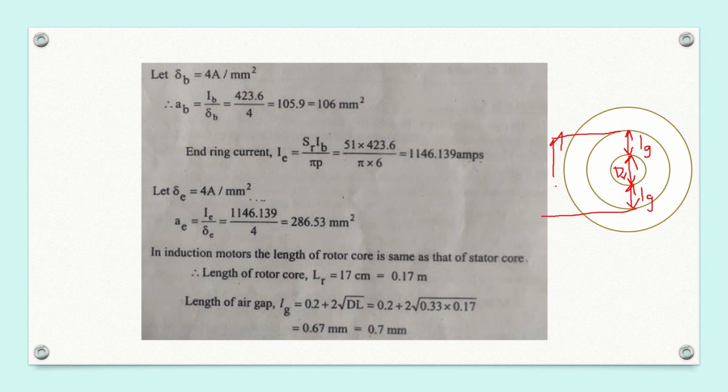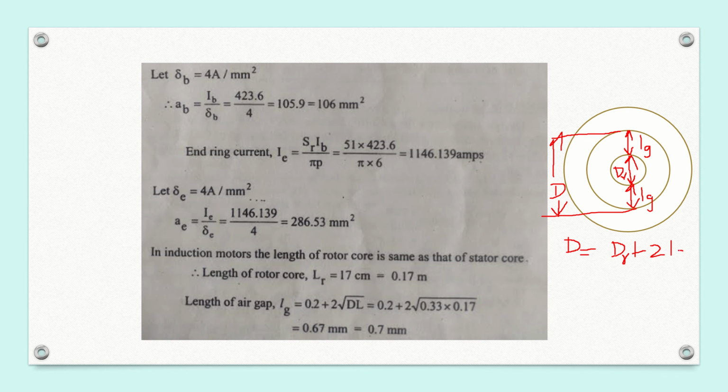So we know the value of D, then what will be the value of Dr? From this diagram we can see that D, the inner diameter of the stator, is equal to Dr, diameter of the rotor, plus 2 Lg. Dr plus 2 times Lg.